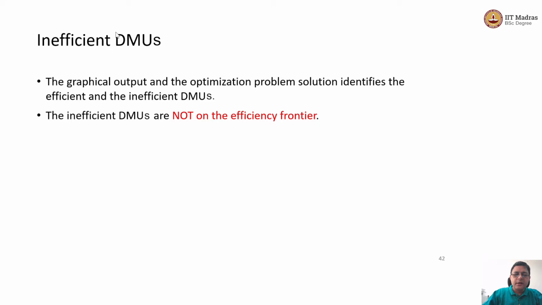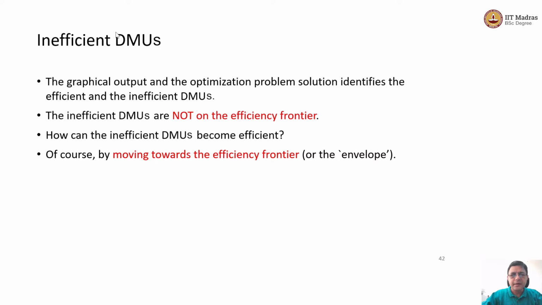Now we want to tell them what to do. How can these inefficient DMUs become efficient? Graphically speaking, as I said, the only way they can be called efficient DMUs is when they move towards the efficiency frontier. So they should move themselves towards the frontier, and if they are sitting on that efficiency envelope, we are going to call even these DMUs efficient DMUs.